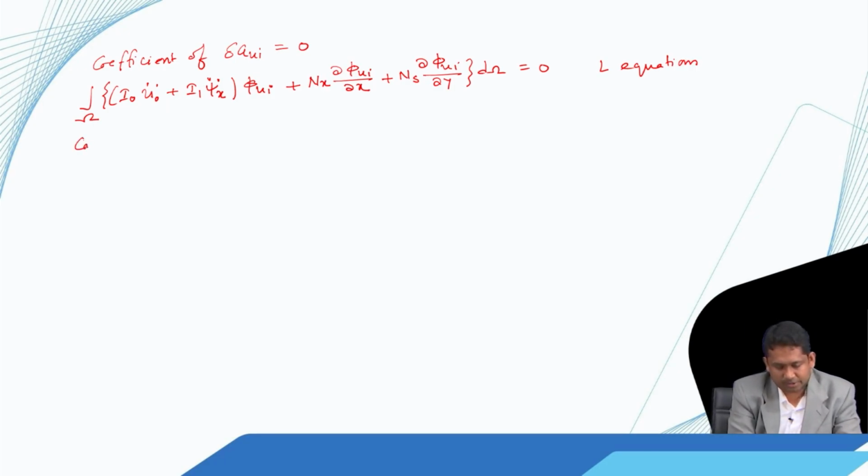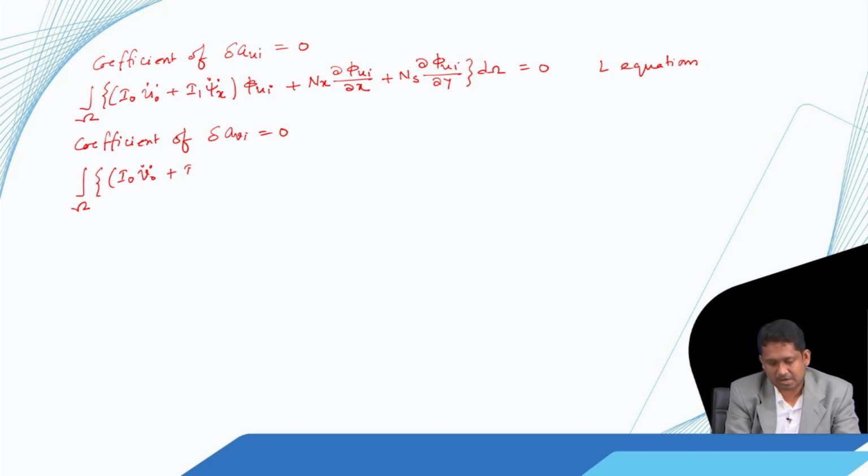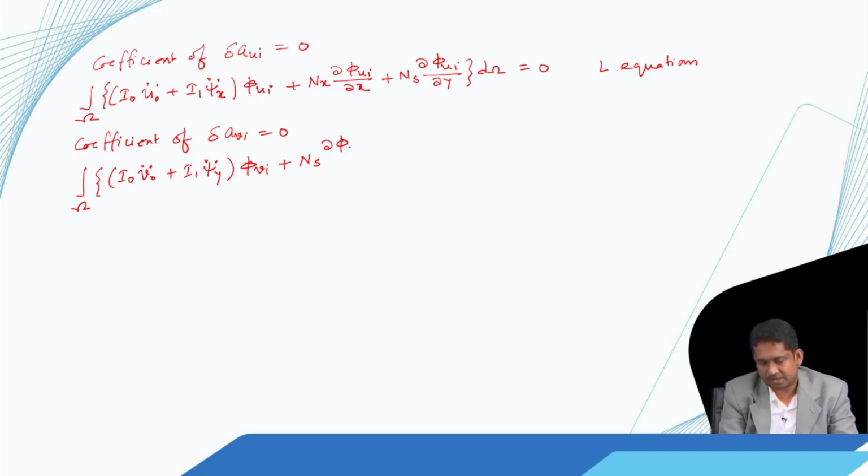Then the coefficient of delta a vi equal to 0 gives this equation: I0 v0 double dot plus I1 psi y double dot multiplied by phi vi, plus ns into del phi vi by del x plus ny multiplied by del phi vi by del y, and this integral equal to 0.